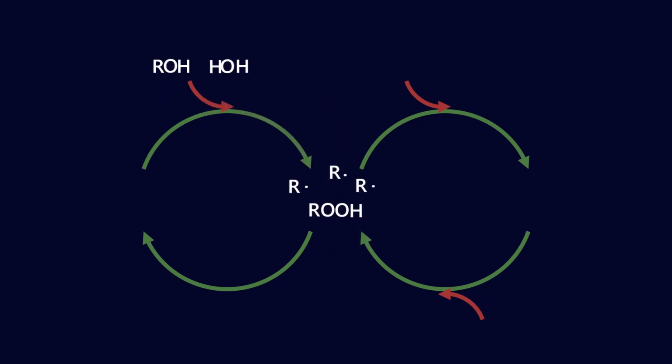And what you can see is once both loops have been completed, we now have 3 radicals and a hydroperoxide with no further input aside from breaking that original alkyl group into a radical. And so this is what's called the auto-oxidation cycle.